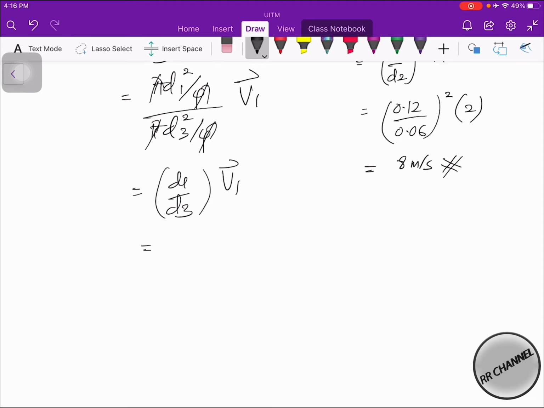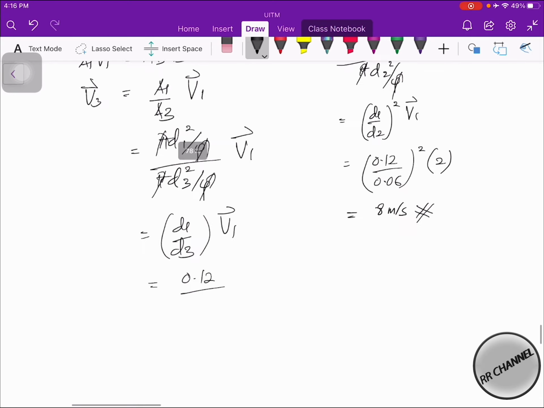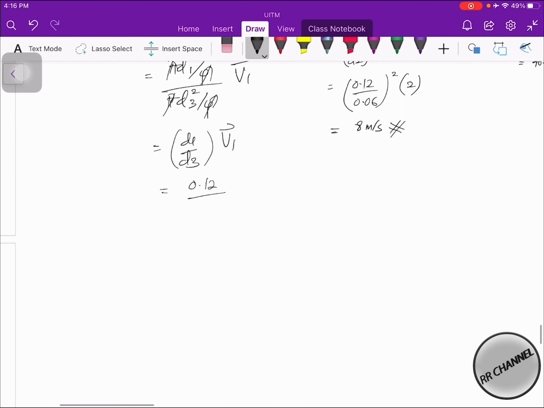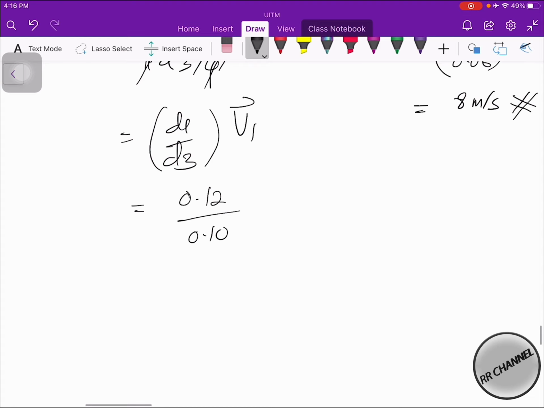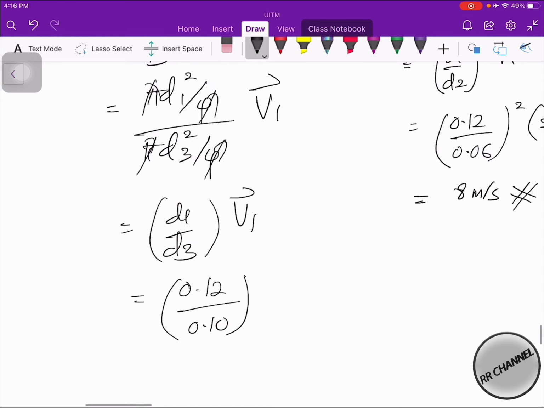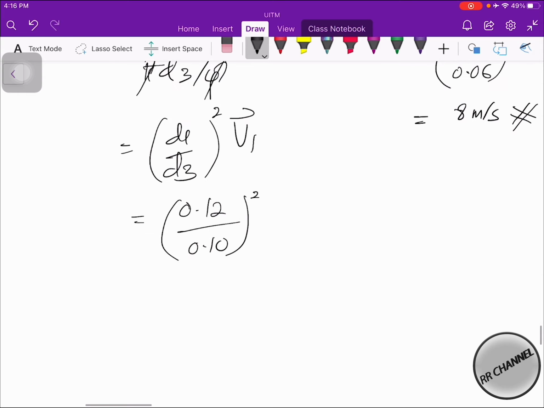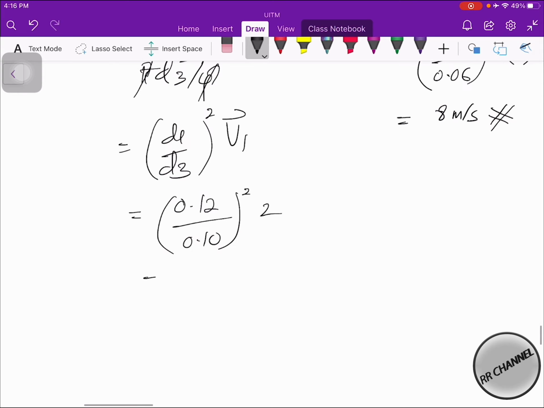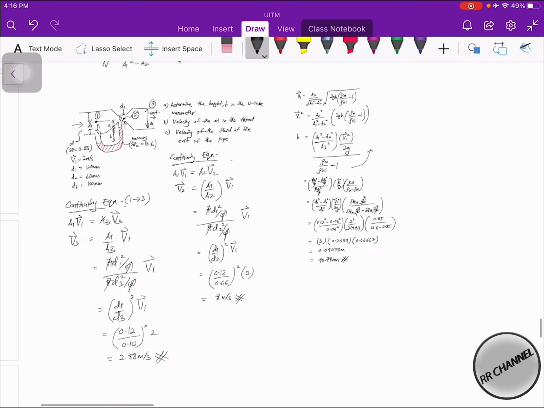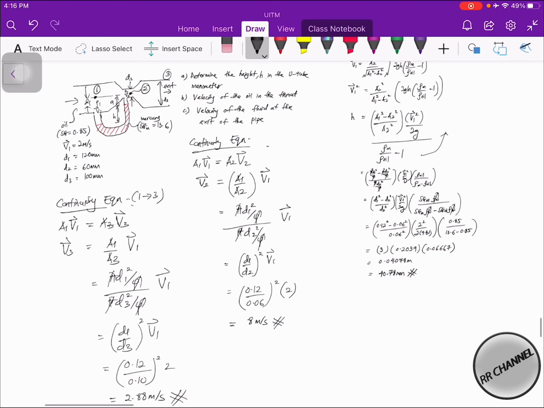So your inlet diameter is 120 millimeter, 0.12, and the exit diameter d3 is 100 mm, 0.1, squared, and your inlet velocity V1 is 2. So what you will get is around 2.88 meter per second. So that's all for the question related to Venturi meter.